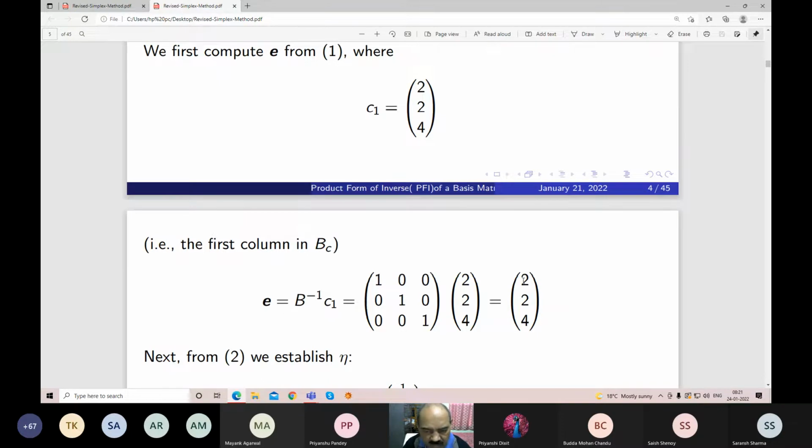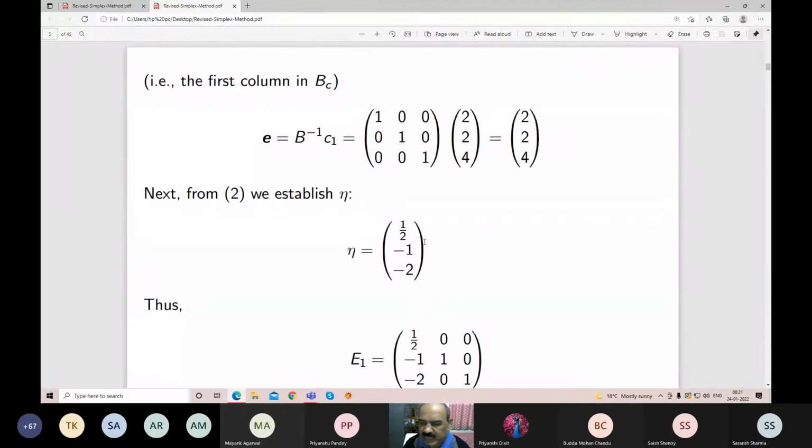Since R equal to 1, with respect to the first column, the first element 2 we take reciprocal. So the 2 will be 1 by 2, and we are dividing the other two elements by 2. So 2 by 2 with a minus sign, 4 by 2 with a minus sign. As a result, we are getting half, minus 1, minus 2. Is it clear?